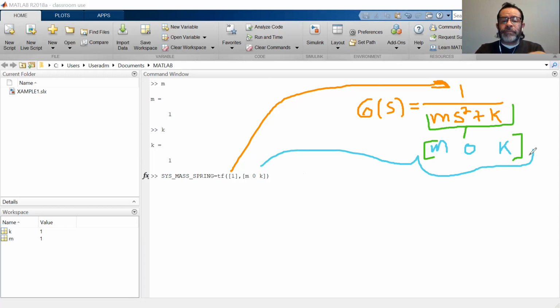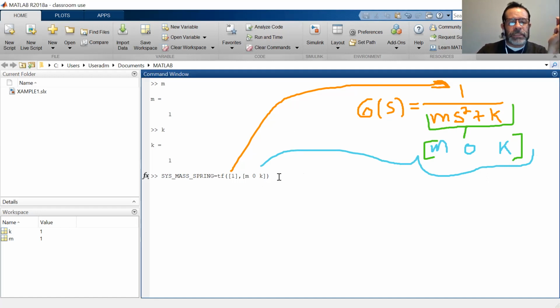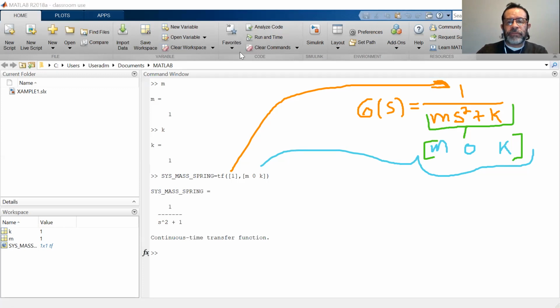And so what we've done there is we've defined the transfer function using TF, okay? Now what happens when I click enter if I don't have any sort of mistakes here? What are we gonna get? We've already defined a model for a transfer function, okay? You see that? So what did we get here with the TF function?